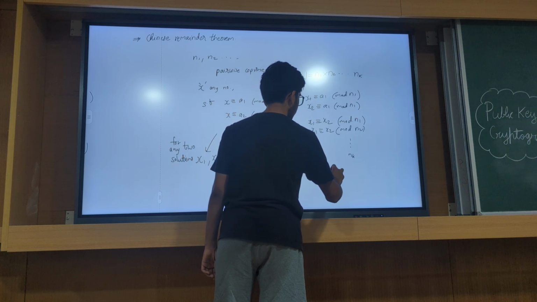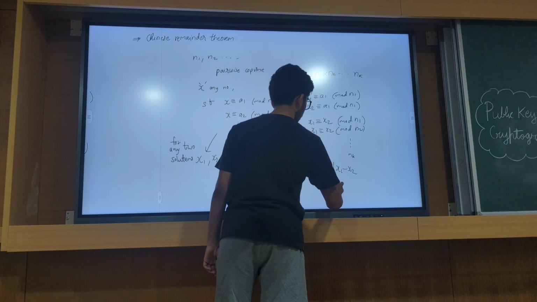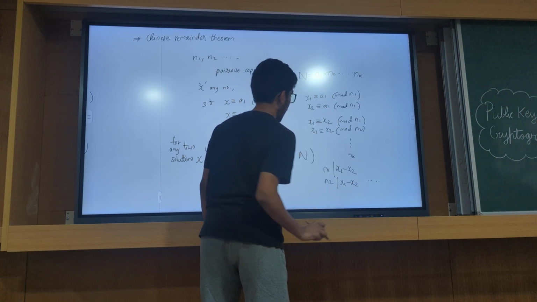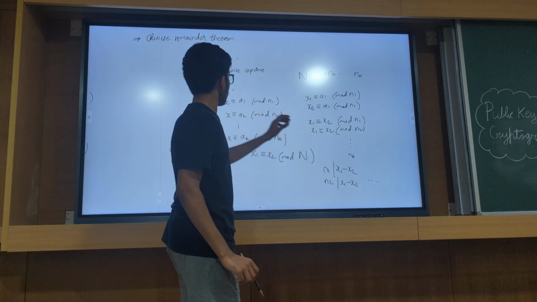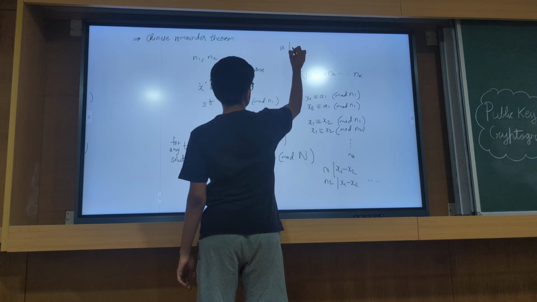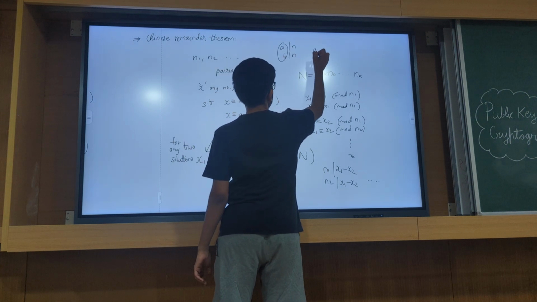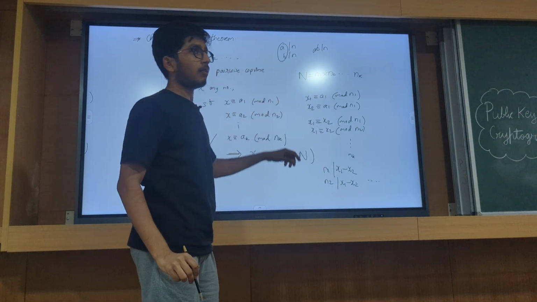So n1 divides x1 minus x2, n2 divides x1 minus x2, and so on. One important thing to note is that n1, n2, until nk are all pairwise coprime. Suppose a number a divides n, b divides n, and a and b are coprime. Then a into b also divides n. Why is this true?